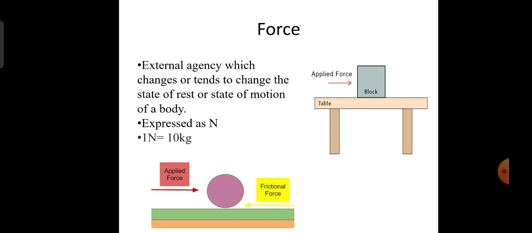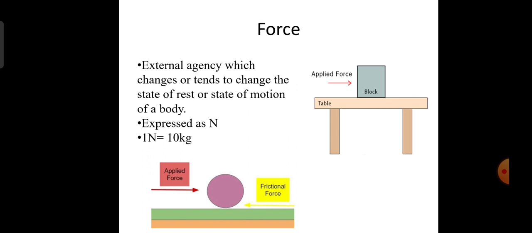So when a body is at rest, if we want to convert that rest position to motion, some amount of external force is required in order to convert its position from rest to motion or vice versa.